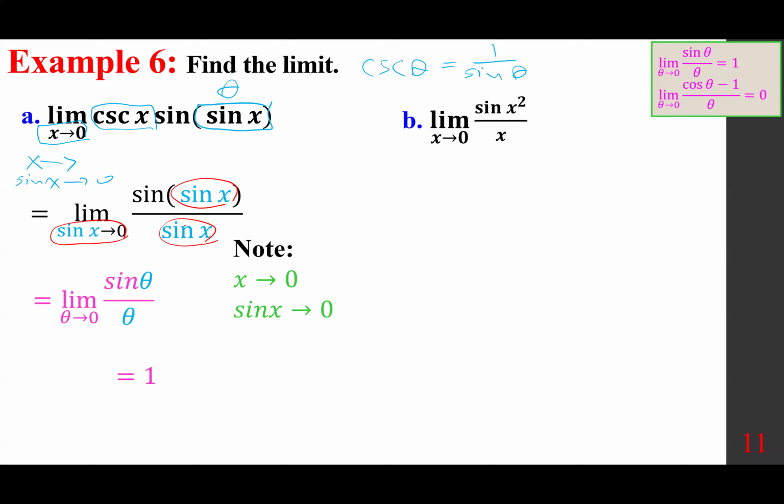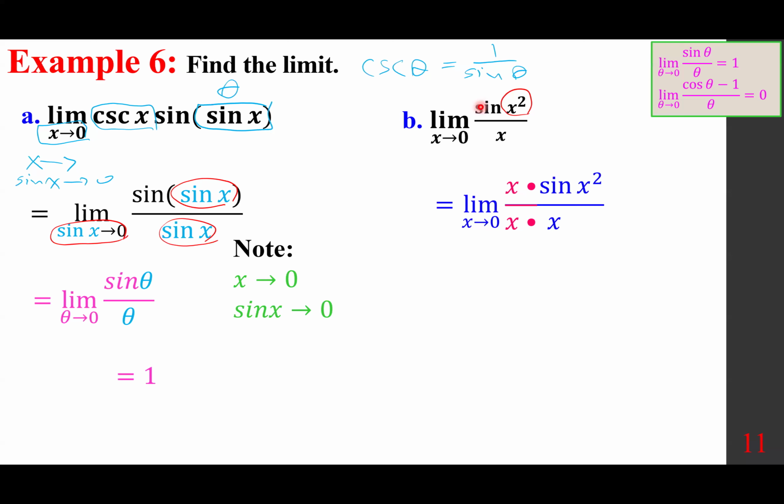The limit of sine x squared over x as x approaches 0. Again, we want to try to use what we are given in this. When you look at this argument, for you to use this one, this one and this one must be identical. So you multiply this by x. If you multiply this one by x, you have to multiply the top by x.